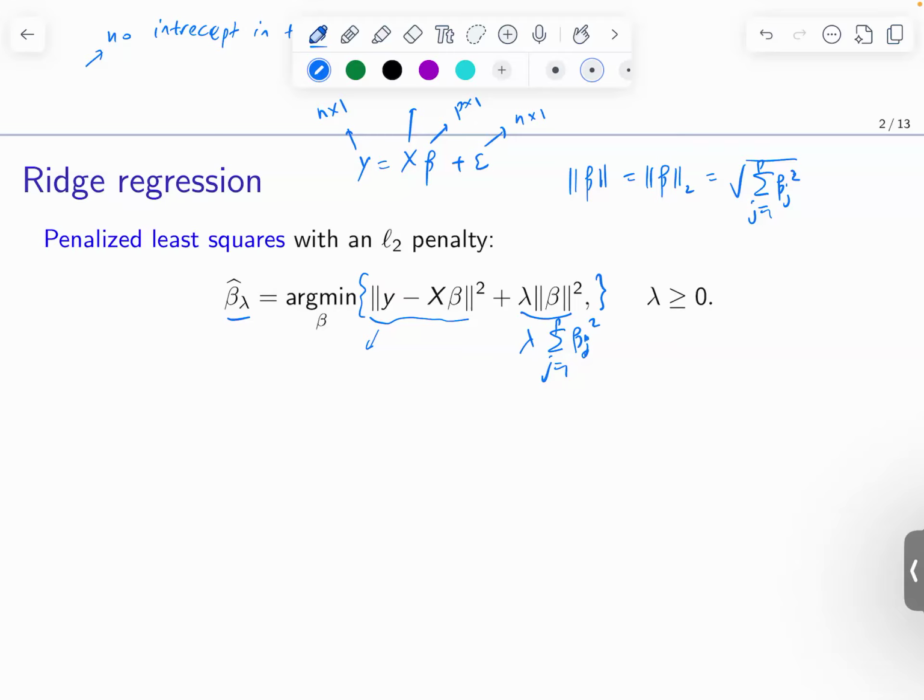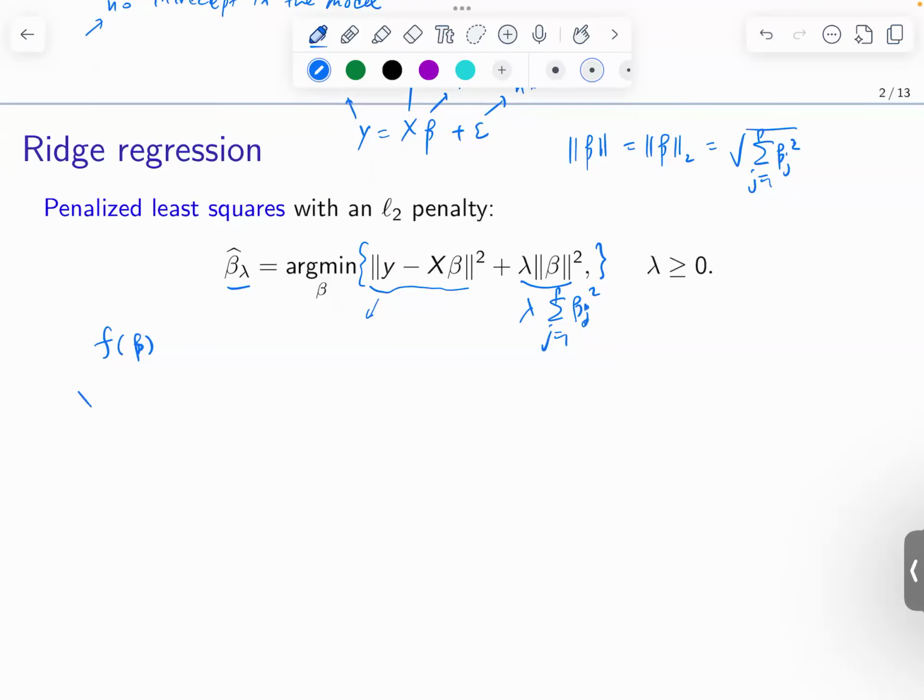So this is just a function, right? And the first thing that you would imagine you would do is set the derivative to 0. It will give you a set of stationary equations that the minimum has to satisfy. It's not necessarily going to be a minimum, but if I want to minimize this, the first instinct, if it's a smooth function, is to set the gradient to 0.